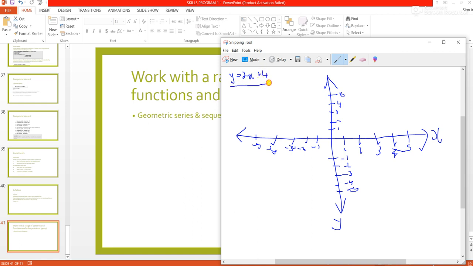This is a straight line equation in the form y equals mx plus c, where c is the constant and m is the slope. So in this instance, we have our constant, which is 4, and our slope is 2. The question was we need to draw this within this Cartesian plane.